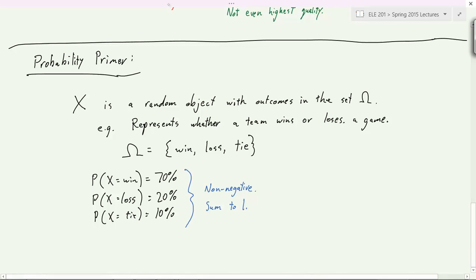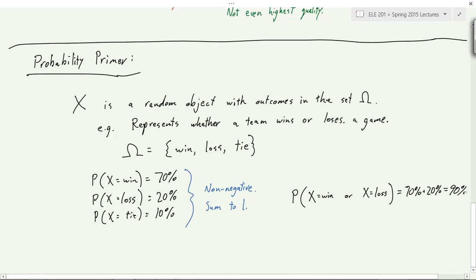Give you another rule that's pretty obvious. Consider the probability that either X wins or X loses. Okay? Well, we know that needs to equal the sum, 70% plus 20% equals 90%.